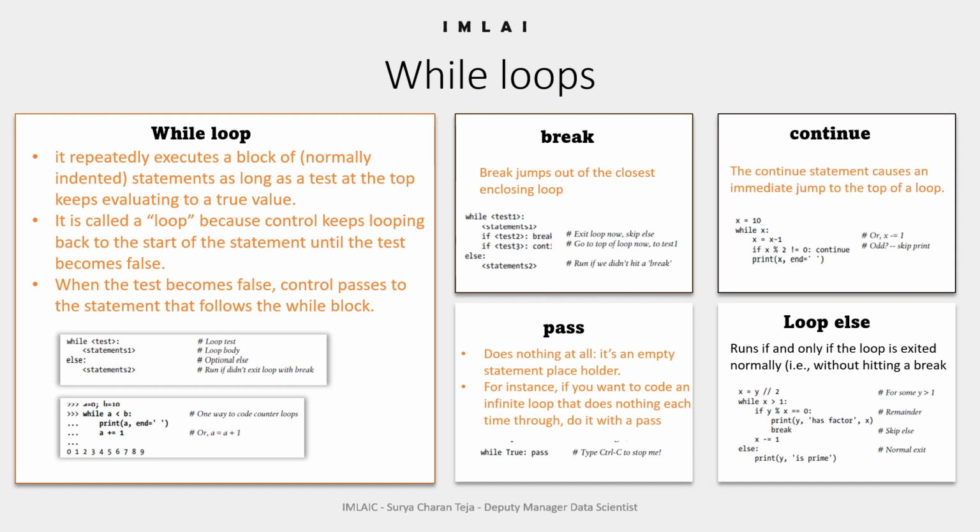It is often used to code an empty body for a compound statement. For example, if you want to code an infinite loop that does nothing each time through, do it with a pass. That's the example we have given here.